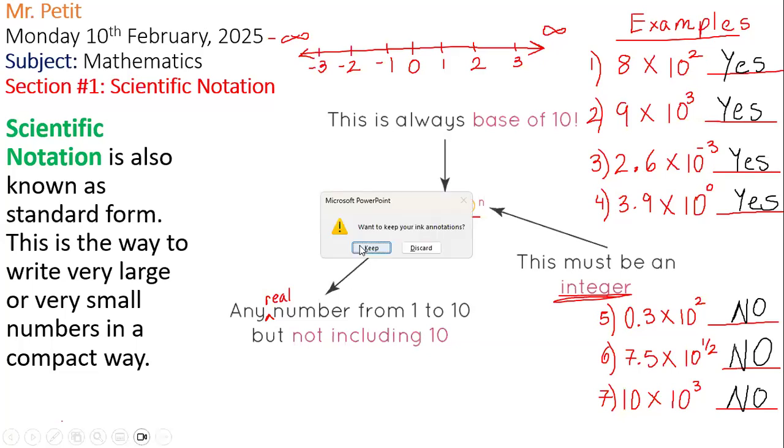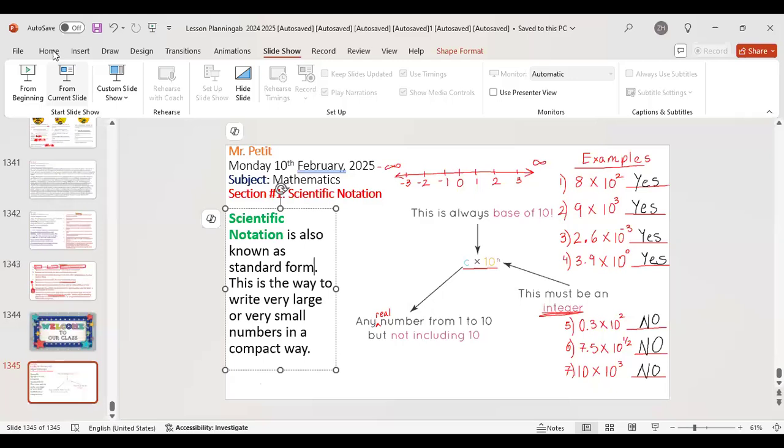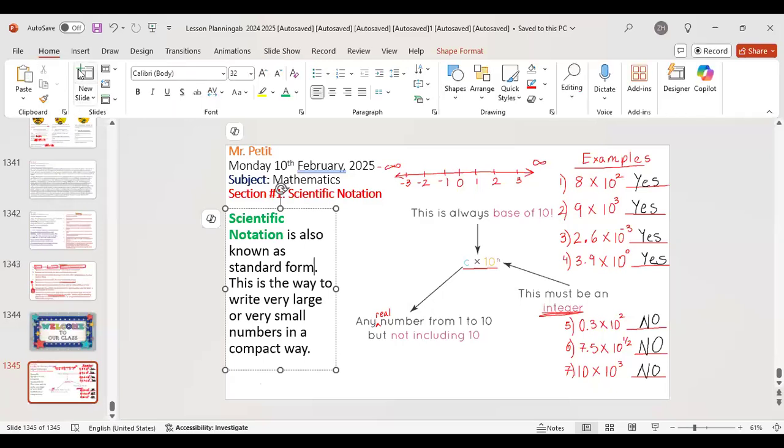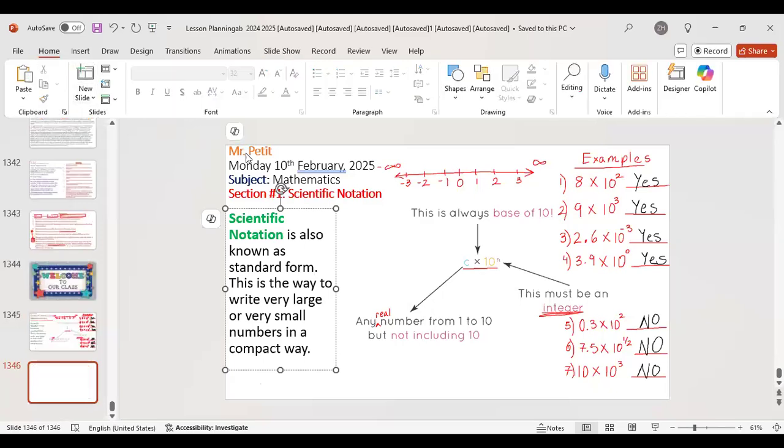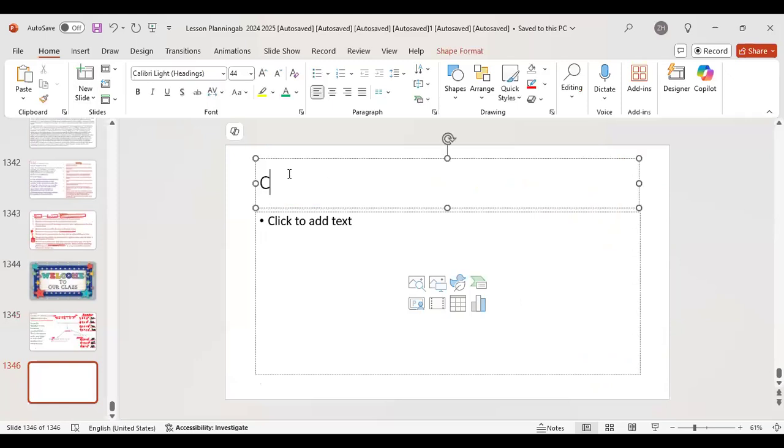So the instruction is: convert the following numbers into standard form or scientific notation.